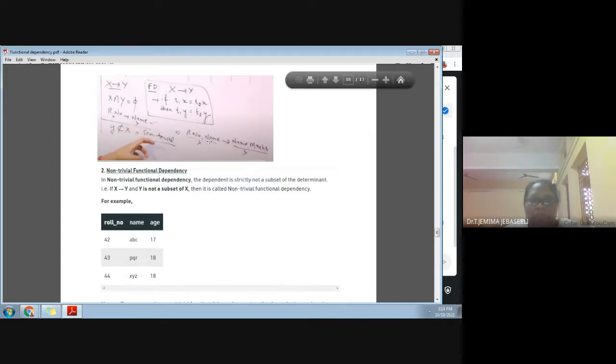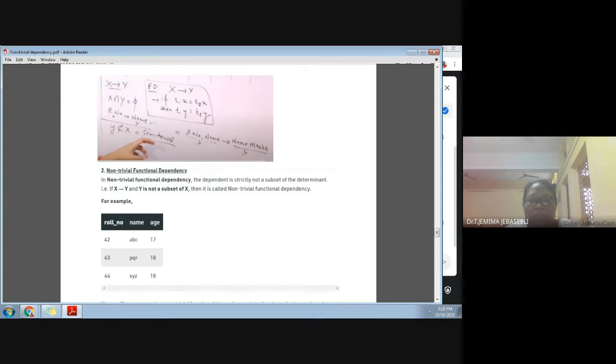But when you take register number, name as X, one component, and another component name and marks, in between there is some matching data, that is name, and here also name. But when you take register number to name, there is no common data, whereas this combination is going to be semi-trivial.